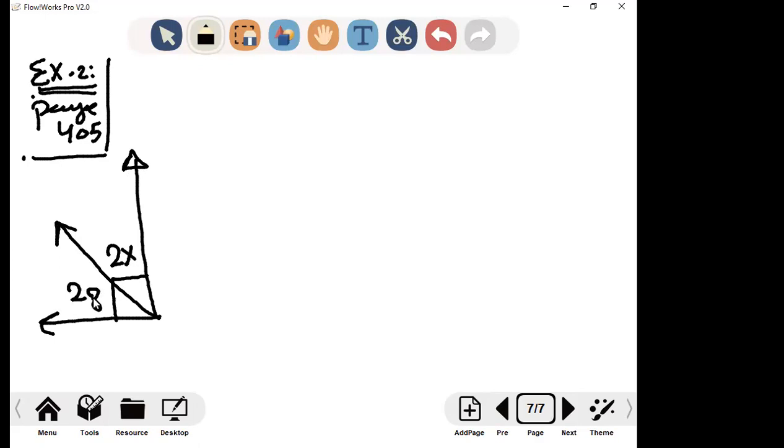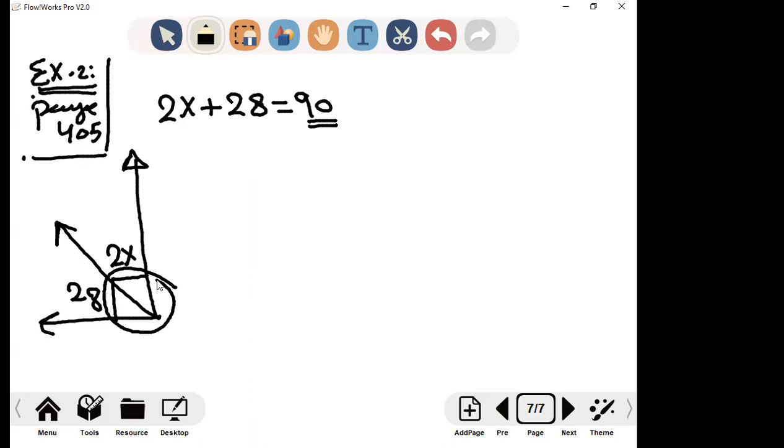Let's form the equation. If you add them, you get 90. So 2x plus 28 equals 90 degrees. How do we know the 90? From this square, right? Got it?